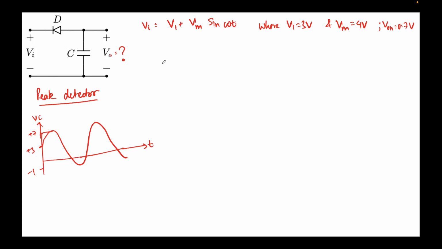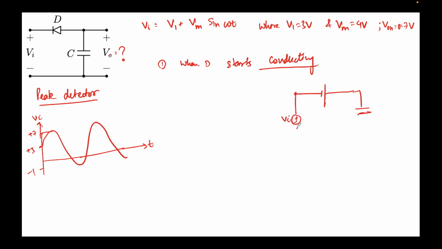So let's first find out the time when D starts conducting. When D starts to conduct, we replace it with the voltage source of 0.7. This is Vc, this is your Vi, and this is V naught.